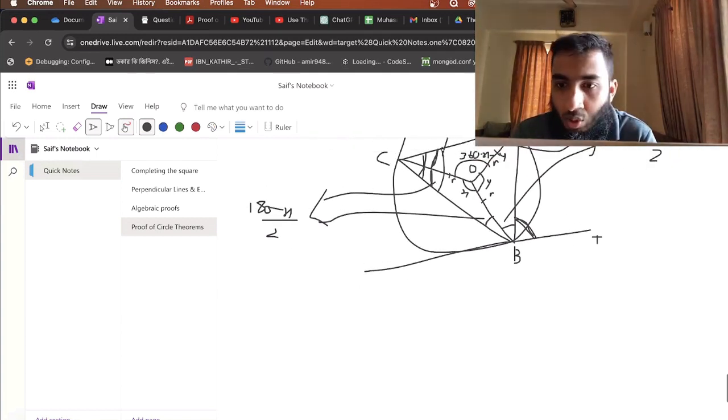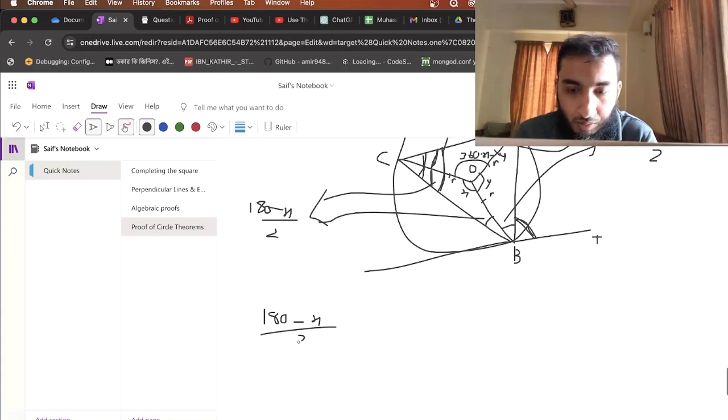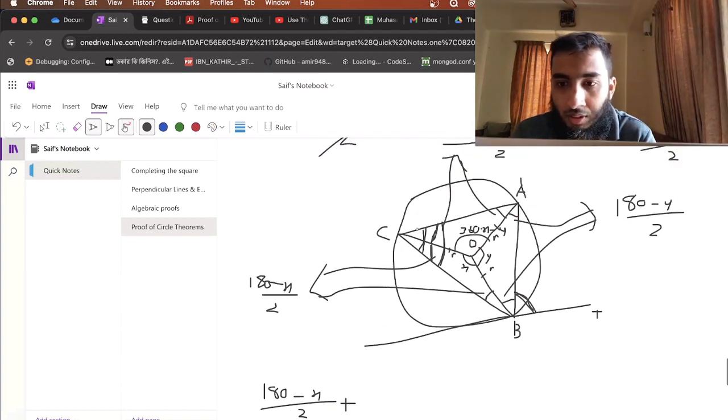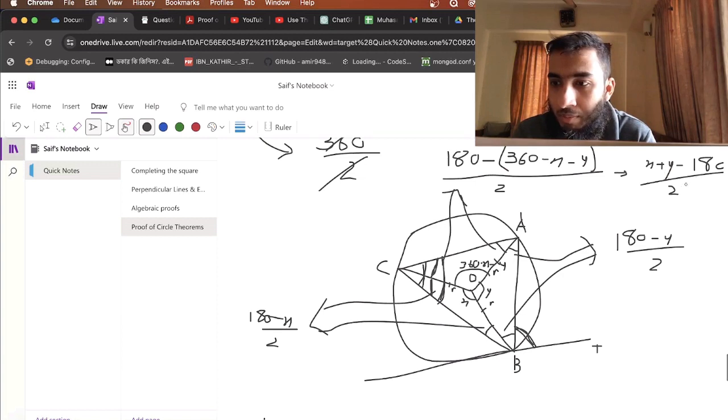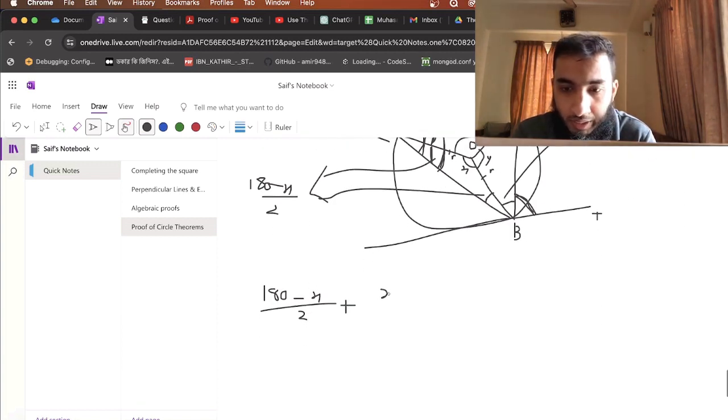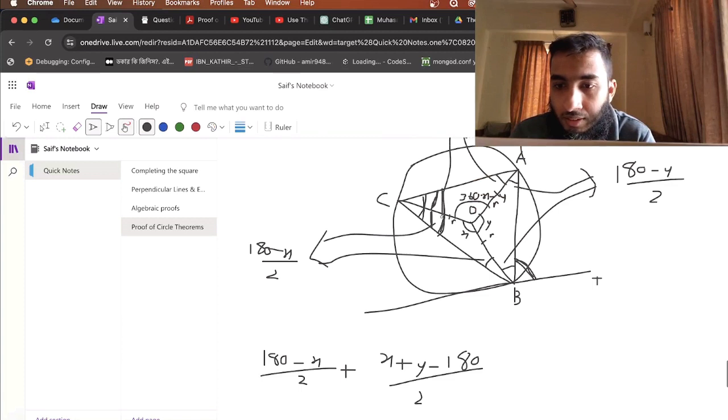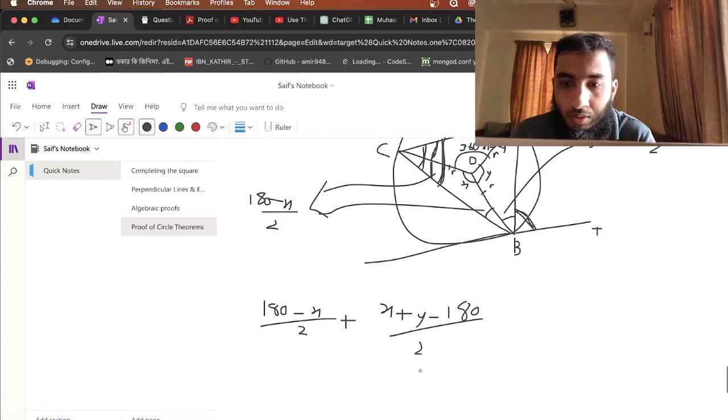So this whole angle is 180 minus X by 2 plus X plus Y minus 180 by 2. So this whole angle is the sum of these two terms.